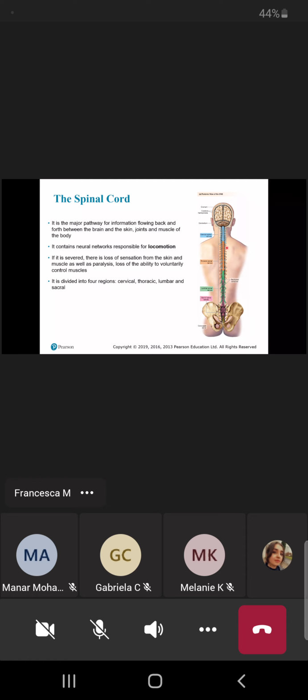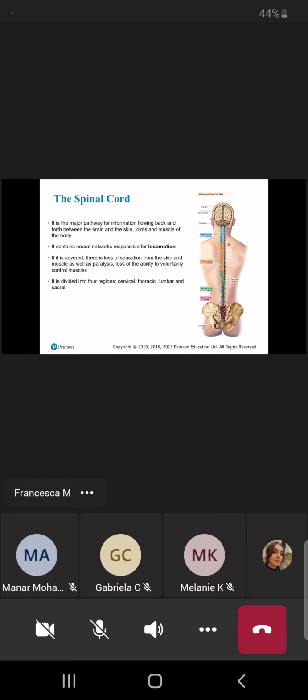So people that have any kind of severe impairment of the spinal cord do not have the ability to regulate the voluntary muscles. Even if you think that you can do it, your body does not respond to the voluntary control of muscle functions. So it is important for the regulation of the information pathway and the movement, the locomotion.